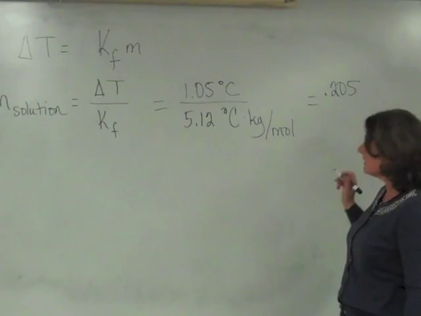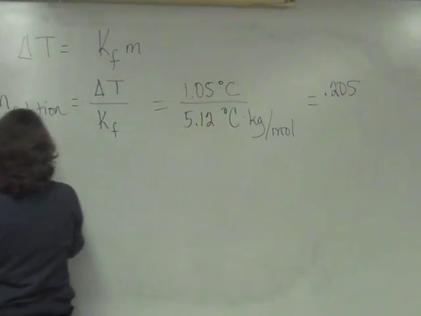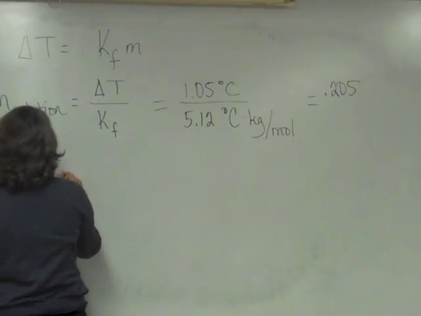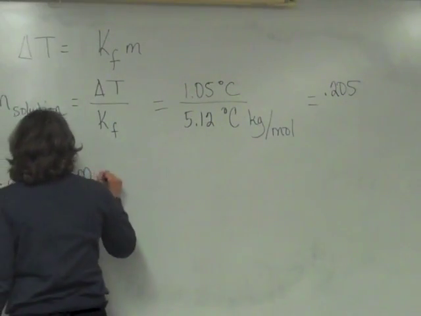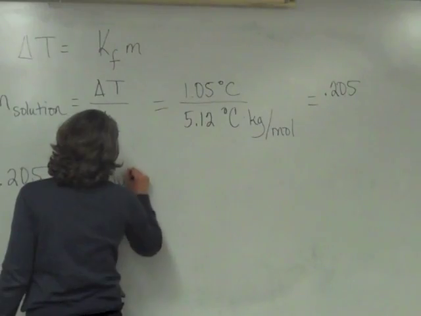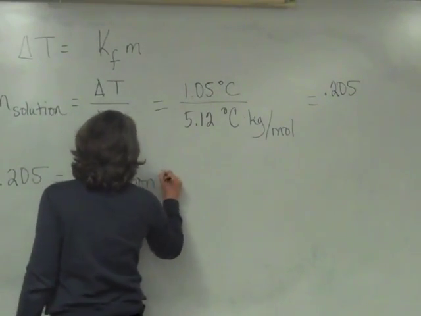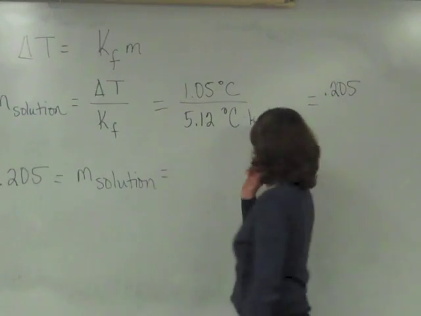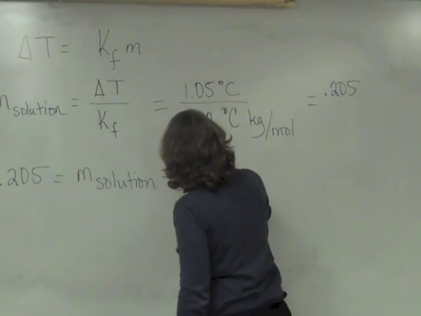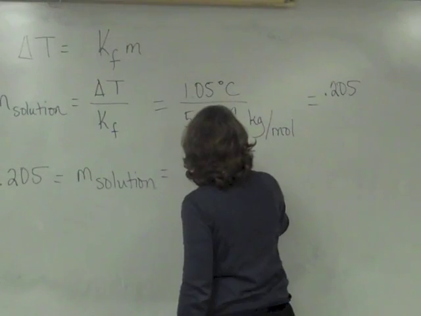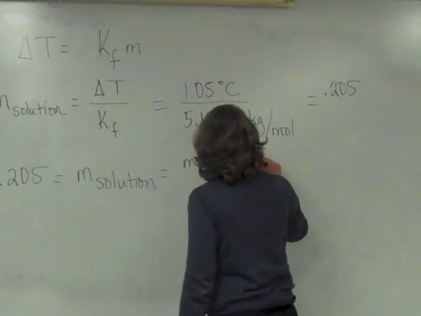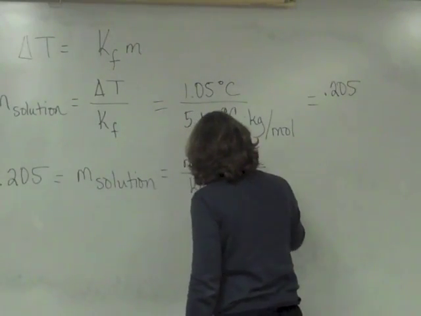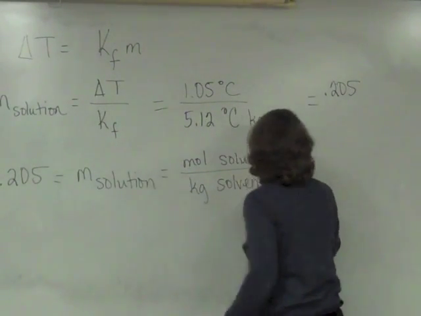Meaning that we have 0.205, and that's equal to the molality of the solution. And what are our units for molality? It is moles of solute divided by kilograms of solvent, right?